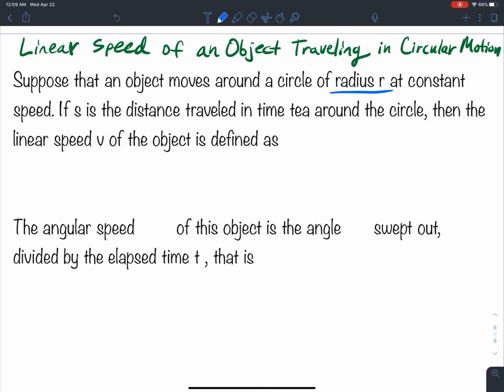If s is the distance traveled in time t around the circle, then the linear speed v of the object is defined to be v equals s, the distance traveled, divided by t, the time it took to travel around the circle. Okay?